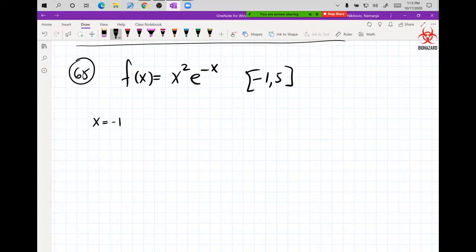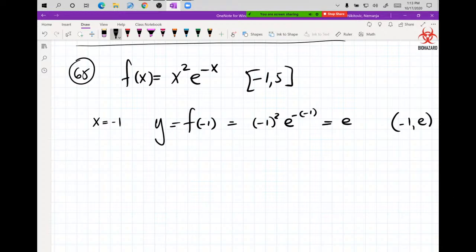So for x equals negative 1, your y is f of negative 1, which is negative 1 squared times e to the negative negative 1, which becomes e. That's all it is, e. That's about 2.7, 2.8, whatever. So you have the point negative 1, e.